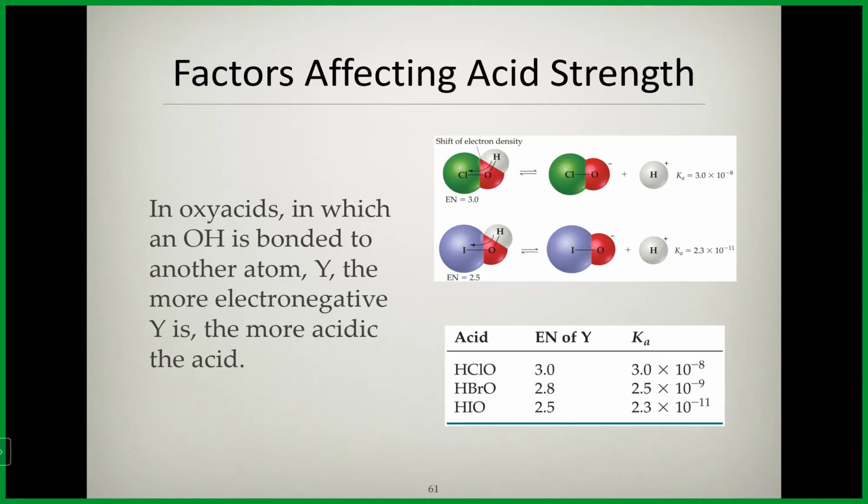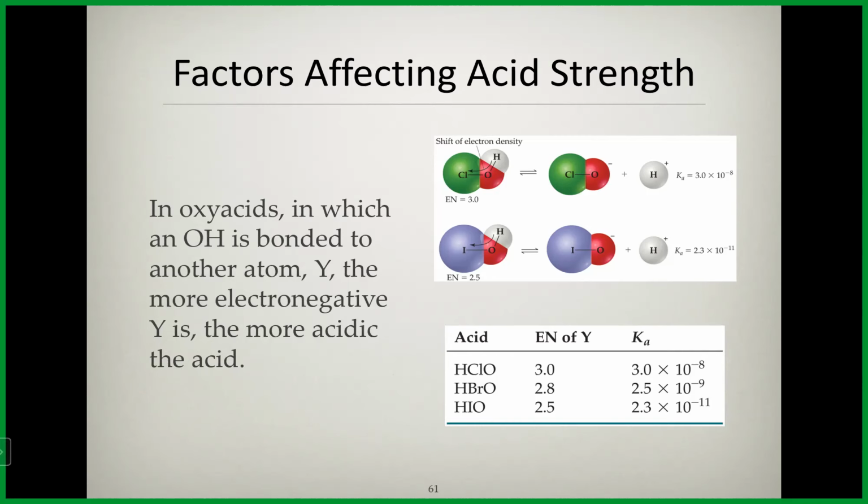And if we look at the examples we have there, we've got HOCl, HOI. So we've got very similar structures in those two. But chlorine is going to be more electronegative, better at pulling that electron density further to the left. And what that's essentially going to do is make the hydrogen more readily dissociated.